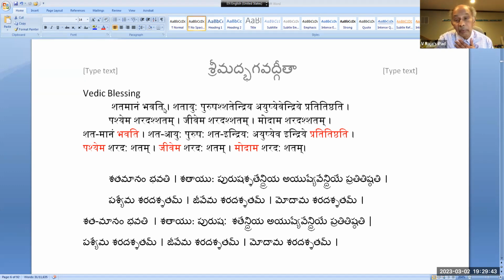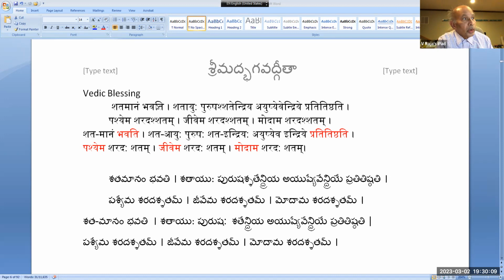We are going to derive every word from the roots. Only thing you have to know is, when you see this verb, it comes from a root called bhu. That takes time. I'm not expecting you to know that this class. And ti tells me it's a present tense, the active voice.